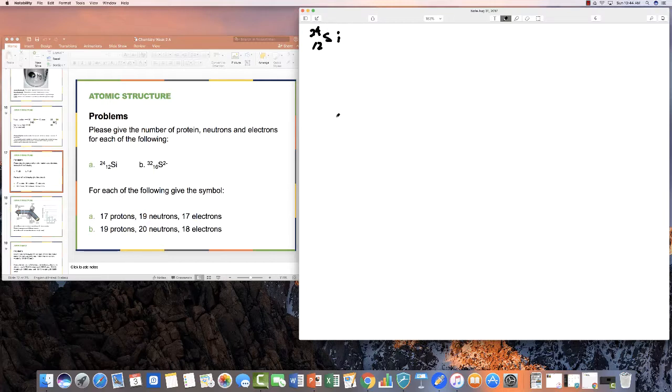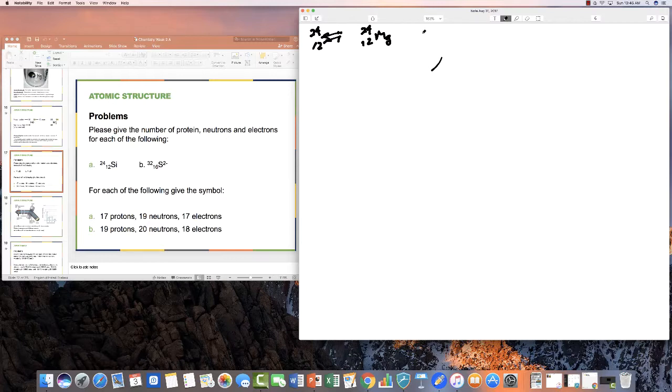And actually this is not correct because as I showed you in the last slide, magnesium actually has the atomic number of 12. And so we know that this can't be silicon. So let's write this again as 24, 12. It's actually magnesium, has to be magnesium because that's the element with an atomic number of 12.